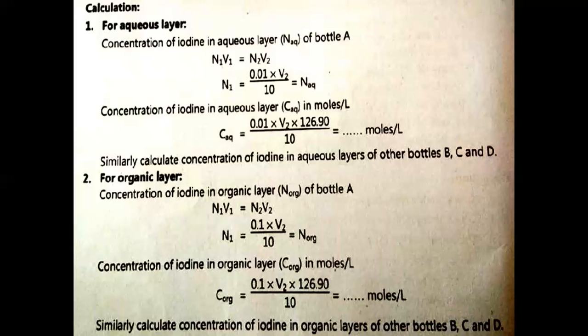Concentration of iodine in organic layer, that is C organic in moles per liter, can be calculated by formula 0.1 multiplied by V2 into 126.90 upon 10, that you will get in moles per liter. Similarly, calculate concentration of iodine in organic layers of other bottles B, C, and D.